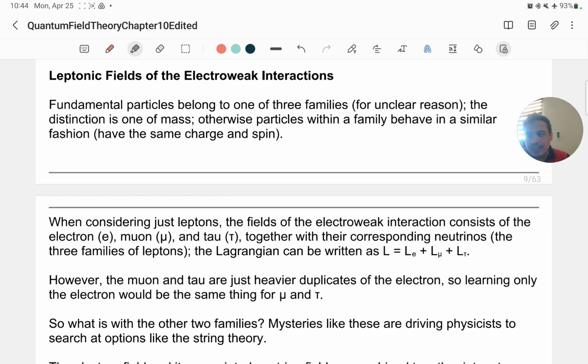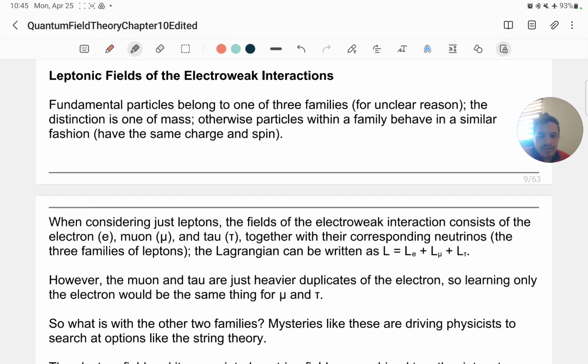The lightest mass belongs to the first generation, and then you have the second generation, and for the third generation you have the heaviest: the electron, then the muon, and then the tau.